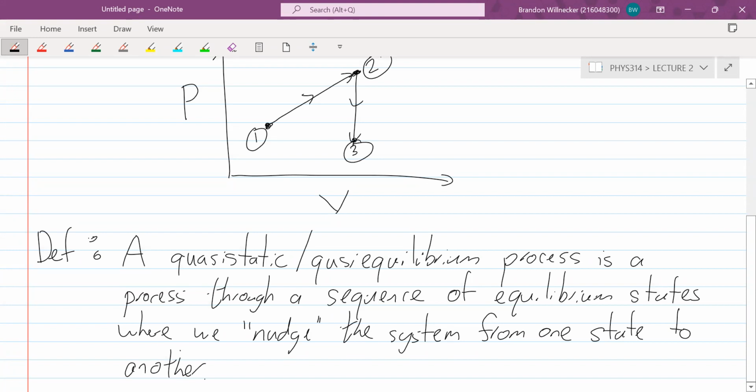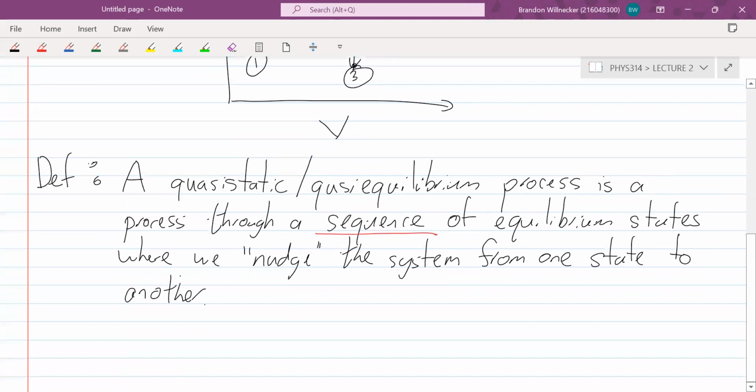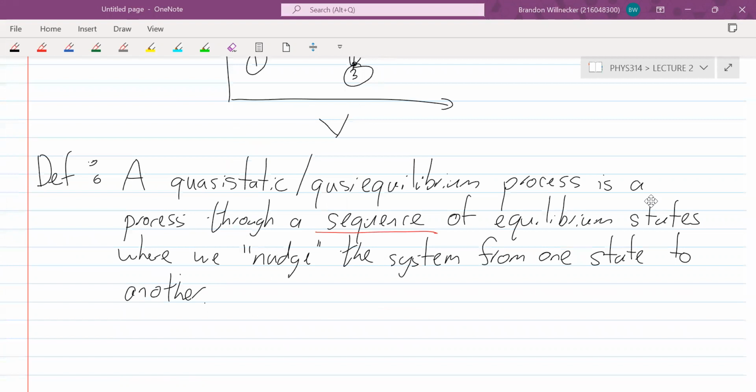Just a little note on this. In your PDF notes from the previous lecturer, he mentions a series of equilibrium states. To be more correct, we should say a sequence of states. So it's a sequence of equilibrium states. And by nudge, we mean a very small change from one state to another.